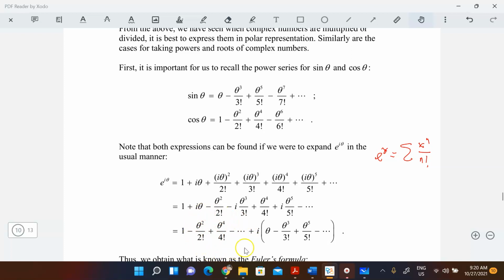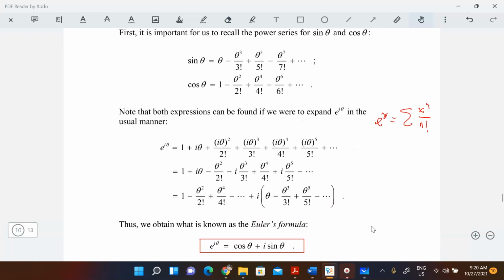And then when you collect the even powers over here, and then you take the imaginary part, and then the odd powers over here, you're collecting the real components together and then the imaginary components together, and what you get is precisely the power series expansion of your cosine for the real part, and then for the imaginary part you have the sine power series.